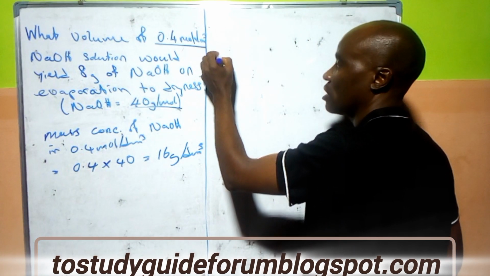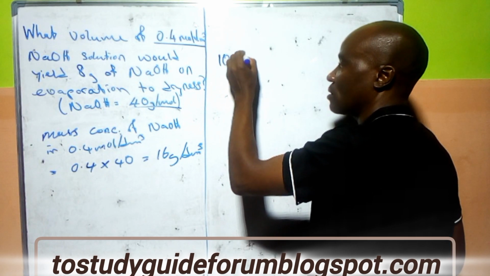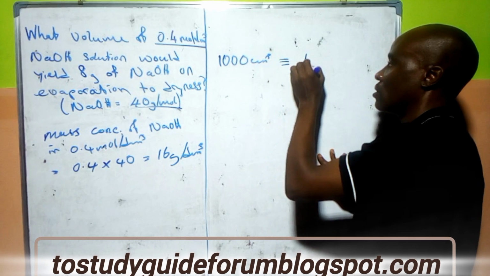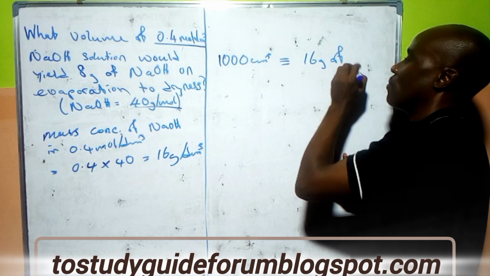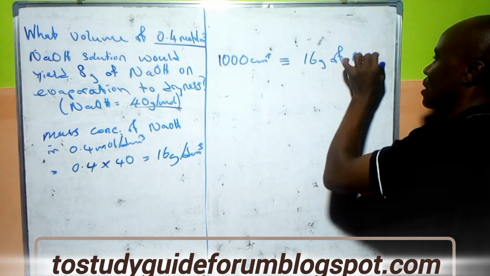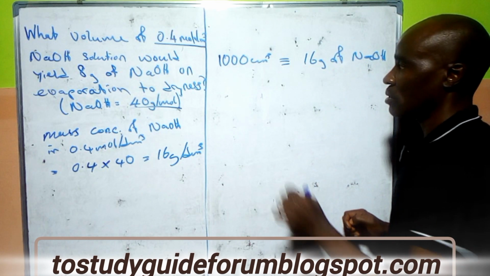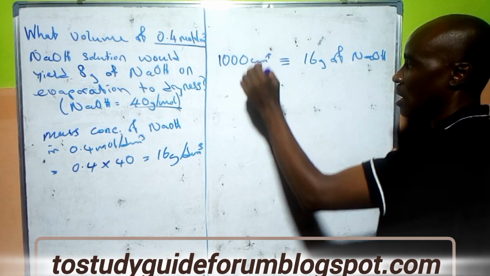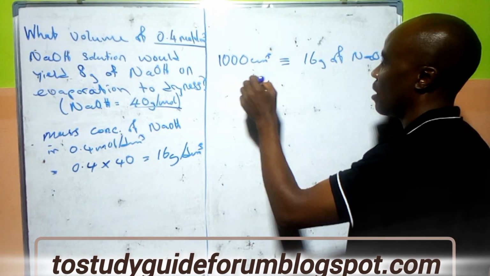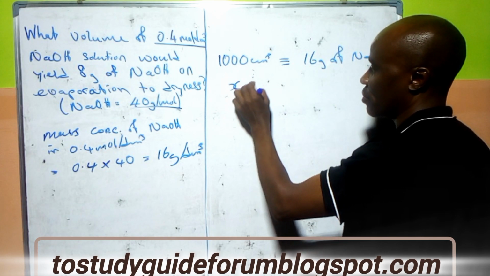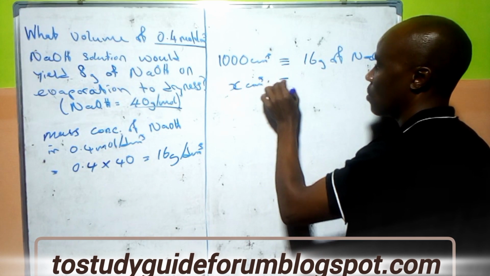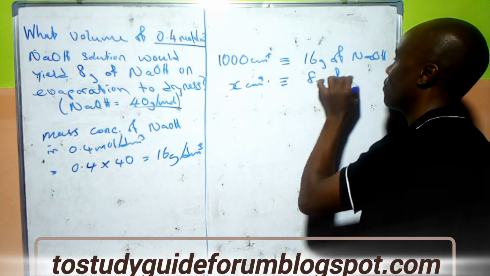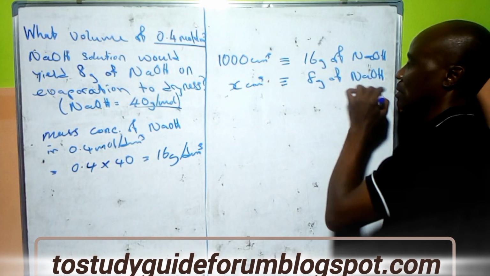It means that 1000 cm cube of the solution has 16 grams of sodium hydroxide. Now what are we looking for? x cm cube will then have 8 grams of sodium hydroxide.